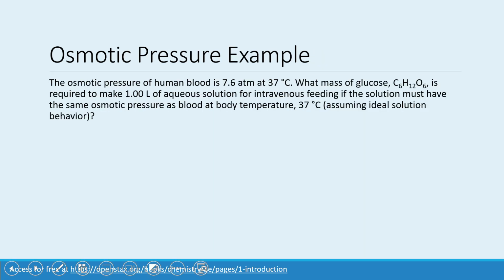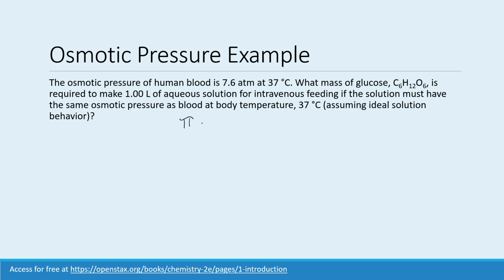Okay, so let's try an example using this equation. The osmotic pressure of human blood is 7.6 atmospheres at 37 degrees Celsius. What mass of glucose is required to make 1 liter of aqueous solution for intravenous feeding if the solution must have the same osmotic pressure as the body at 75 degrees Celsius?